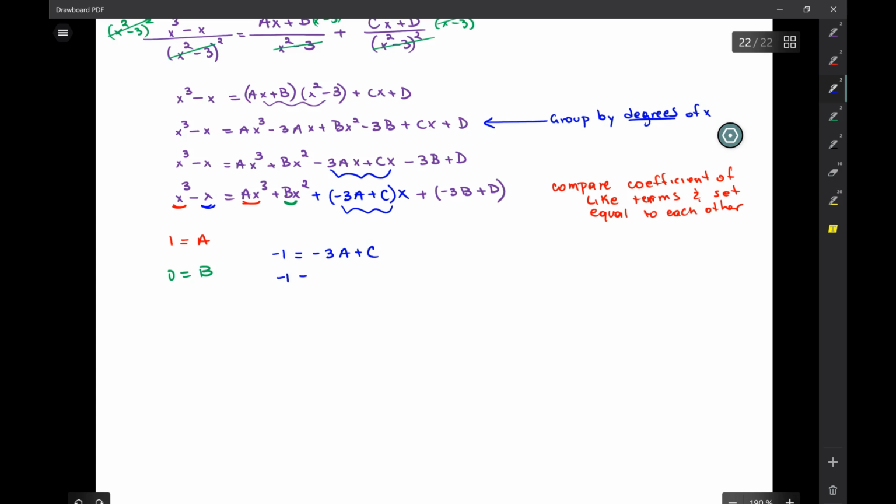We're lucky because we already know what a is. So negative 1 equals negative 3 times 1 plus c. We just found a, so I can plug it in there. So c is how much? 2. This is the constant term.